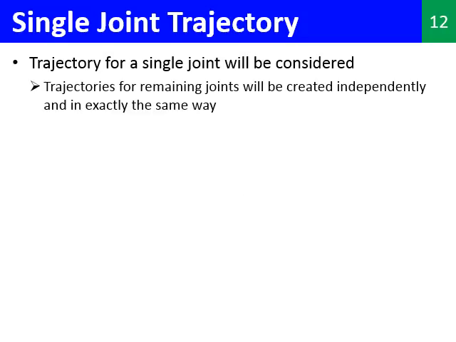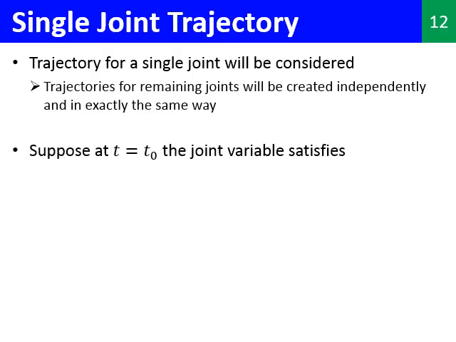A given robotic manipulator will have n number of joints. Let's consider trajectory planning for a single joint first, and afterwards we can extend the concept to all other remaining joints exactly the same way. Let's suppose at t equals t0, the joint variable satisfies these conditions. That is, at the beginning, we have joint position as q naught, velocity as v naught, acceleration as alpha naught.